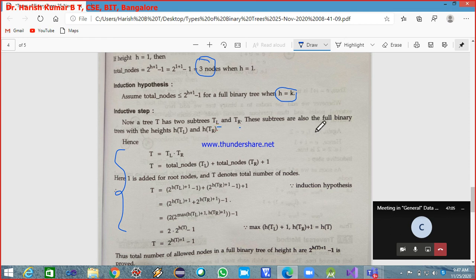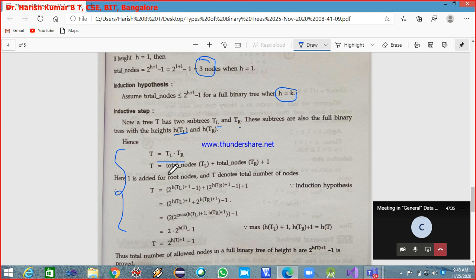These subtrees are also full binary trees with height. So the height of the left subtree is represented as h of TL, and the height of the right subtree is represented as h of TR. Now the complete tree T, the whole tree, can be represented as T is equal to TL dot TR.